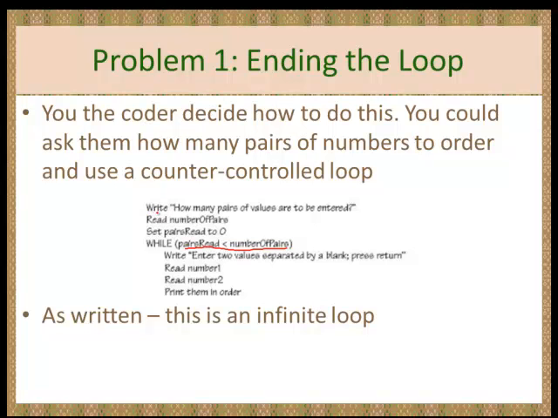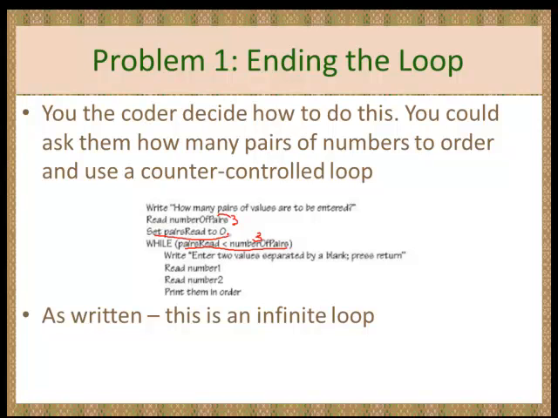So he will output here how many pairs of values are to be entered. And the user is going to enter a value. Let's say 3 pairs of numbers will be stored in that variable. So now number of pairs is going to have a 3. This initializes how many have you sorted so far.